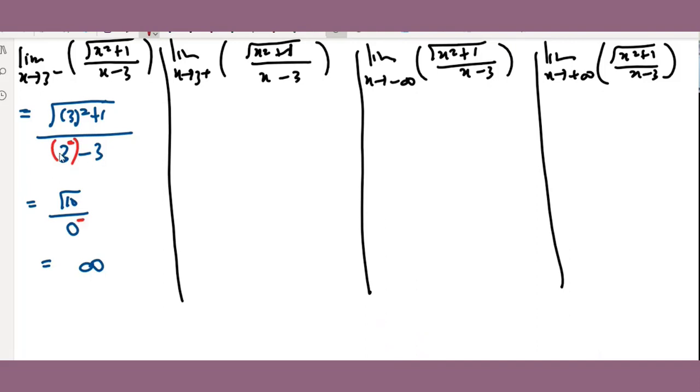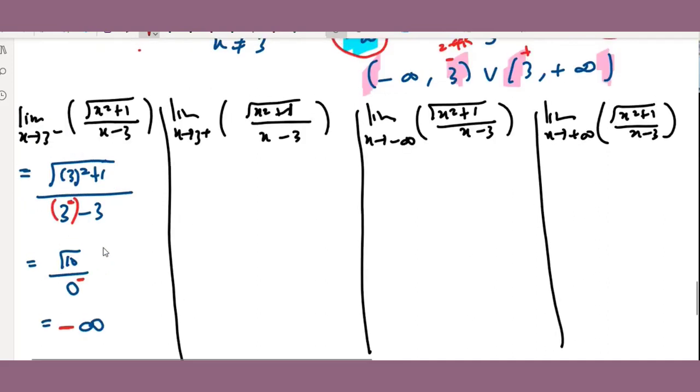The numerator is positive, 10 over negative, so the answer is negative infinity. Are you all okay so far? Okay, let's continue.